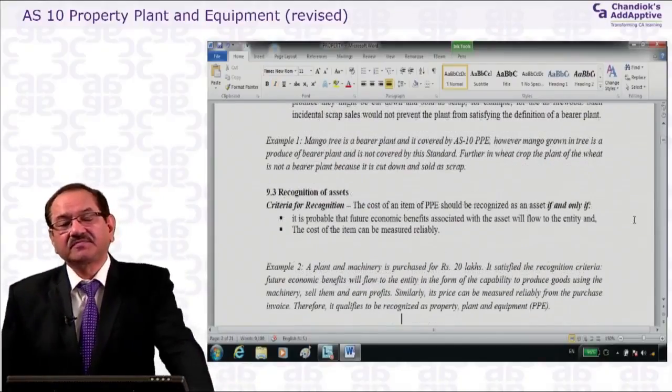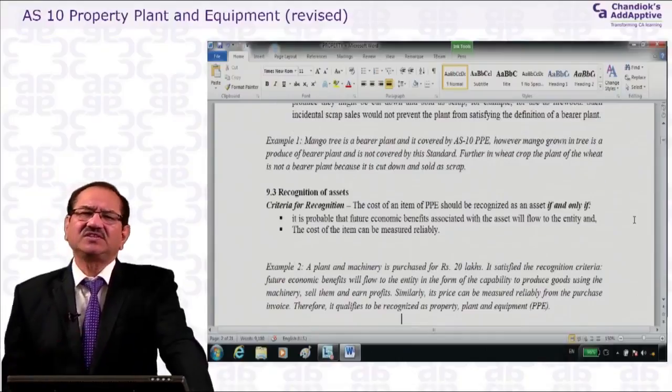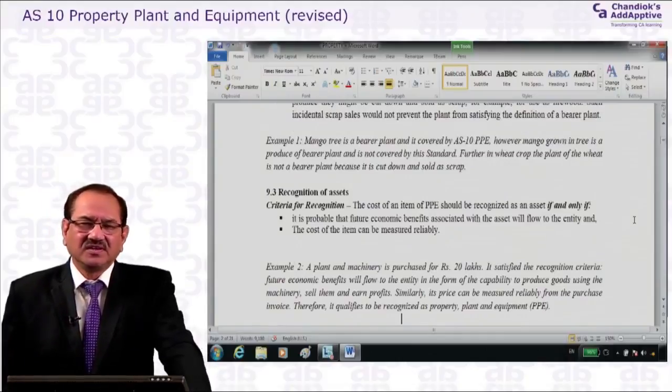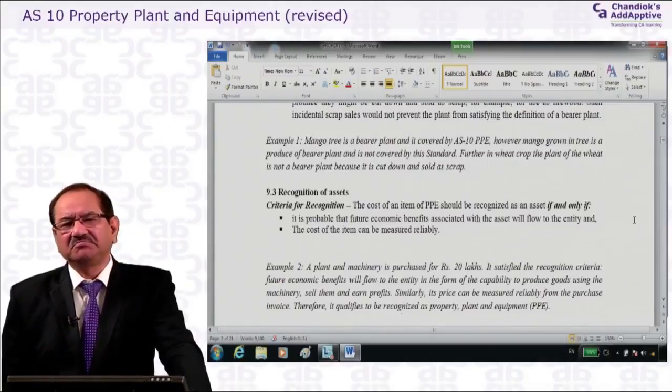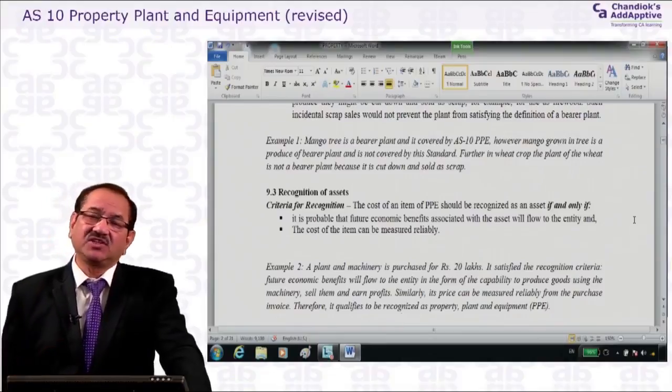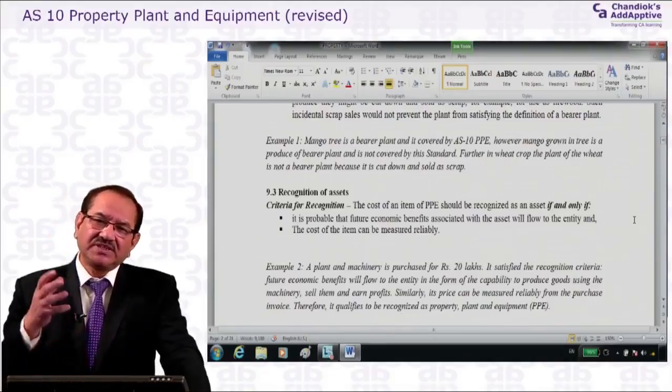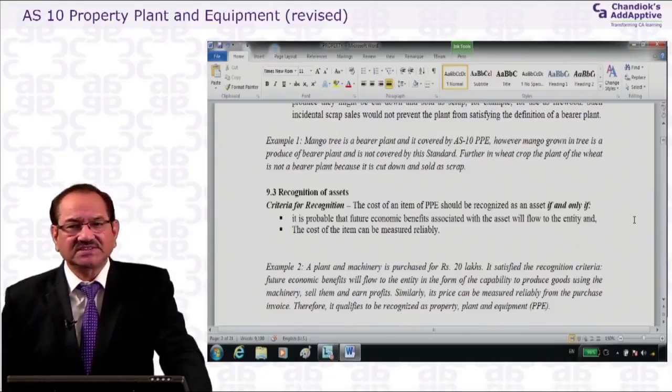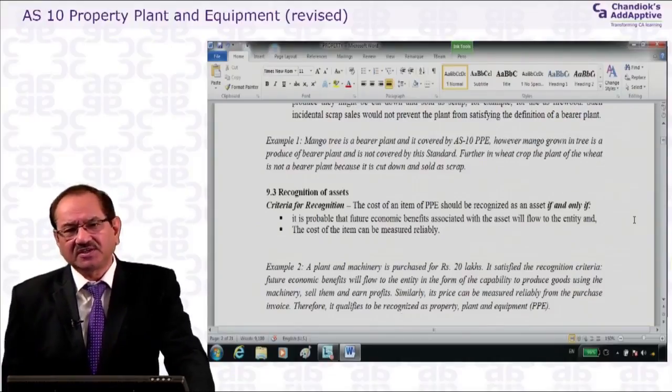Dear student, if you see the recognition criteria, you will realize that there are not many differences. In fact, you may not see any difference in the recognition criteria described in accounting standard 10 on fixed assets and now in property, plant and equipment.